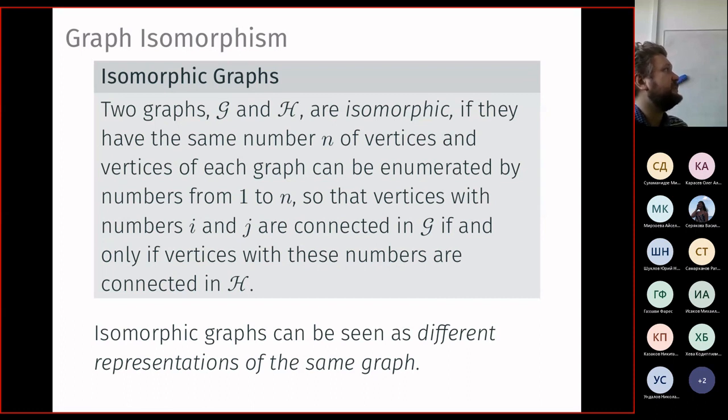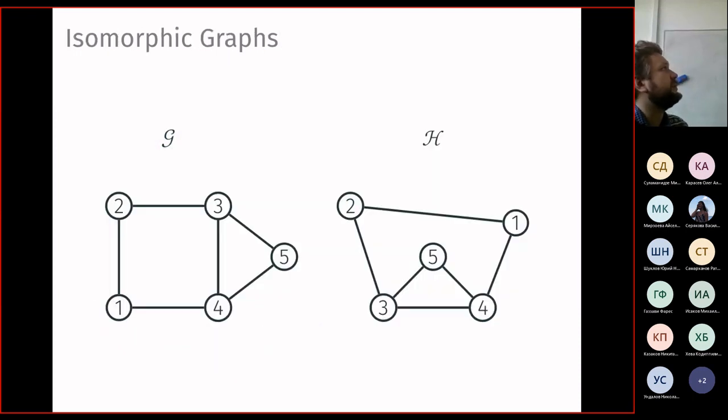And isomorphic graphs can be seen as just different representations of the same graph. It's a shuffle of the vertices. So here, this is how they can be enumerated. You can see that there is a quadrangle 1, 2, 3, 4, and here the same 1, 2, 3, 4, and the triangle is 3, 4, 5. So you see that if there are two vertices, 3, 4, which are connected on the left, the same are connected on the right.